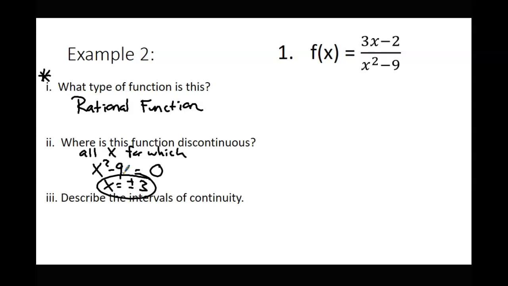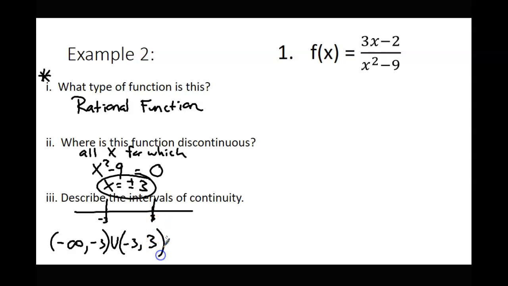So if my function is discontinuous at 3 and negative 3, the next question is, where is it continuous at? Okay, well, basically there's a hole here, there's a hole here in my graph. So it would be continuous from negative infinity up to negative 3, and then from negative 3 to positive 3, and then from 3 up to infinity.